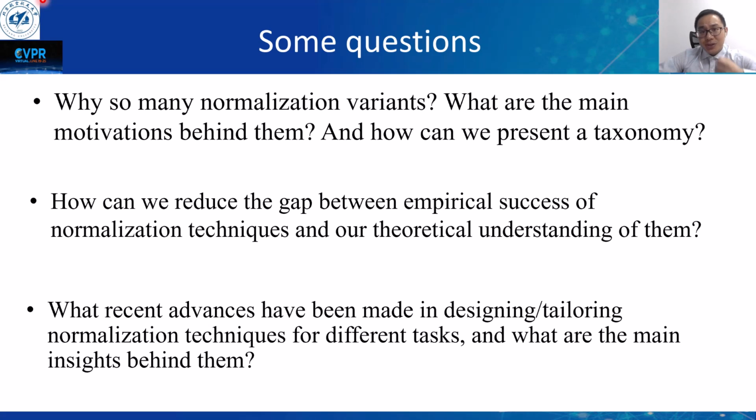How can we reduce the gap between the empirical success of normalization techniques and our theoretical understanding of them? What recent advances have been made in designing alternative normalization techniques for different tasks, and what are the main insights behind them?